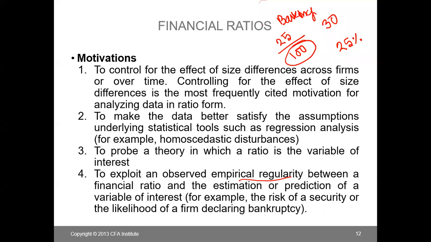So you see that in terms of the capital, your lending cannot exceed 25% to a particular company. So this is also coming from a financial ratio.